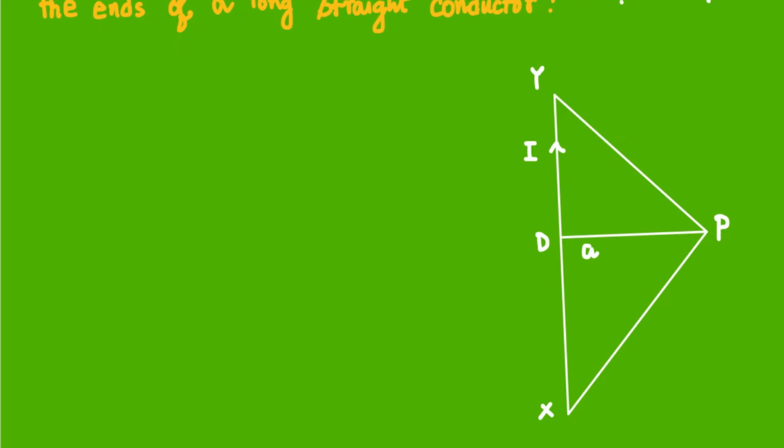The point P is at a perpendicular distance A from the conductor XY. The oblique distance YP of the end Y from the point P makes an angle phi 2, and the oblique distance of the end X from the point P makes an angle phi 1 with the perpendicular distance.